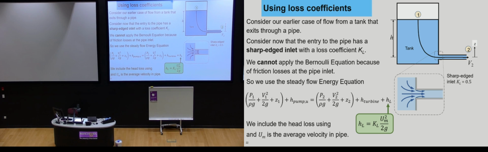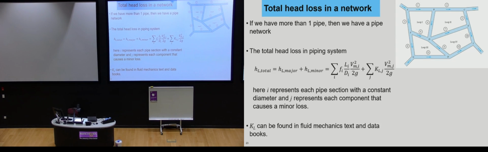But you might imagine that your engineering system that's pumping, it could be cooling fluid around your engine, it could be all sorts of things, is more complicated than that. We might have a rather complex network. So at this point, I know I've got minor losses and I've got major losses. Here are my major losses, the friction-based energy loss.